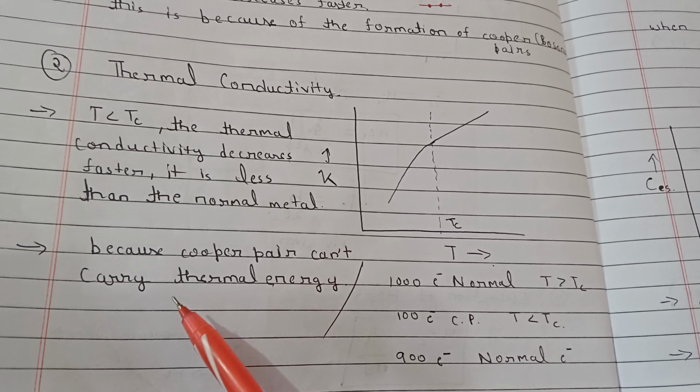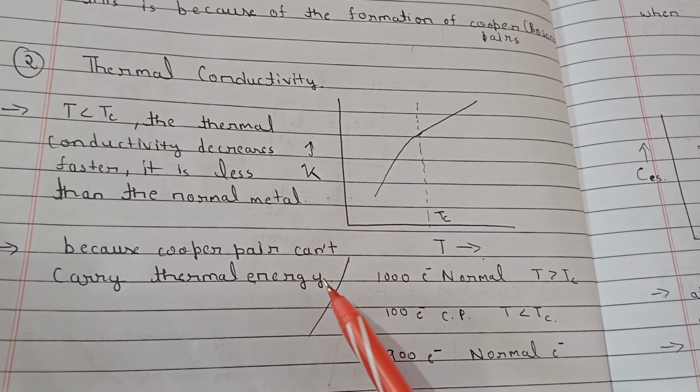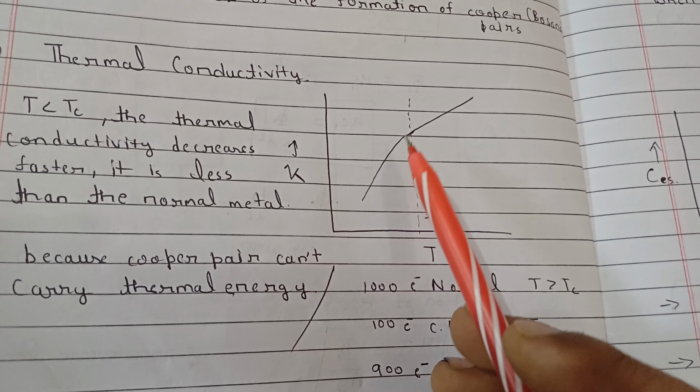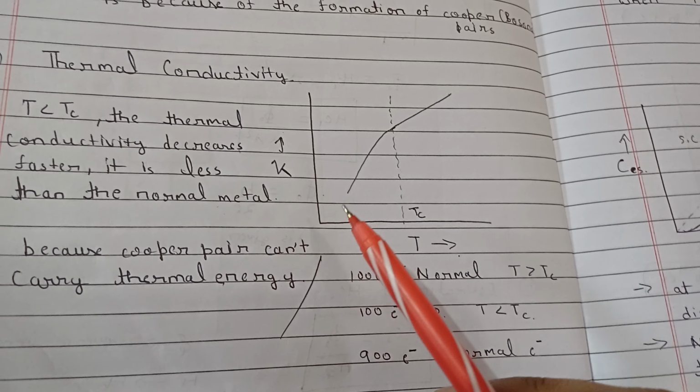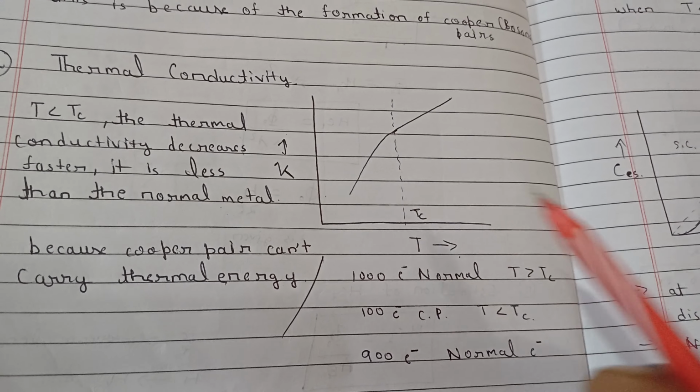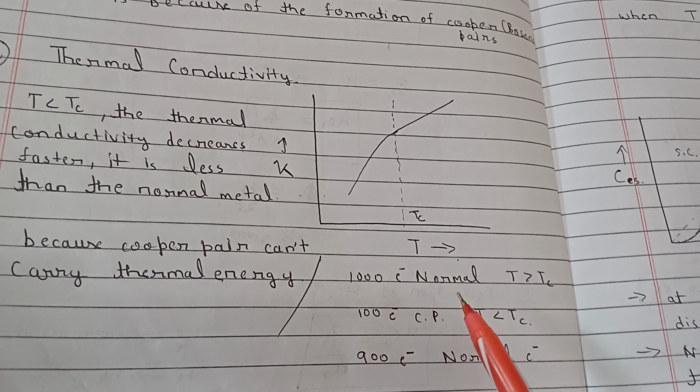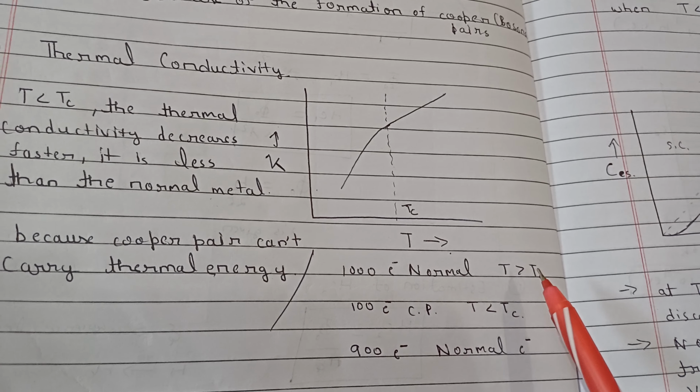This happens because Cooper pairs can't carry thermal energy. Below Tc, Cooper pairs form in the superconductor, and they can't conduct thermal energy. For example, we have 1,000 normal electrons for T greater than Tc.